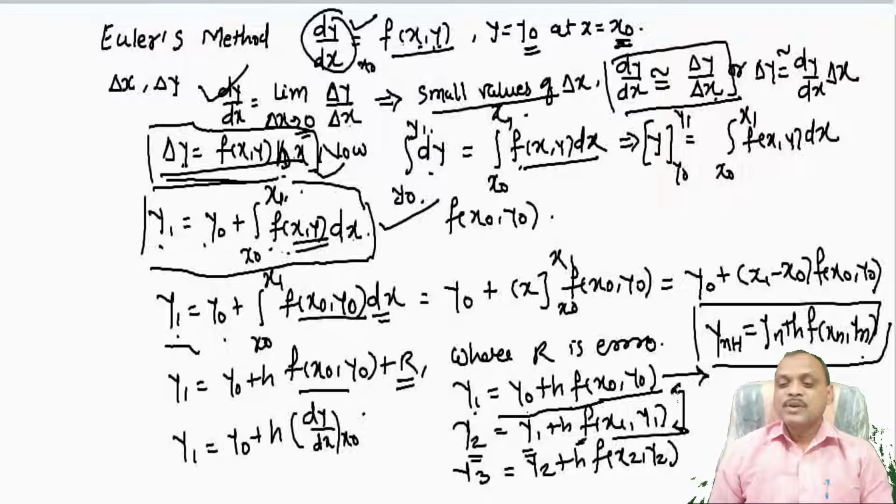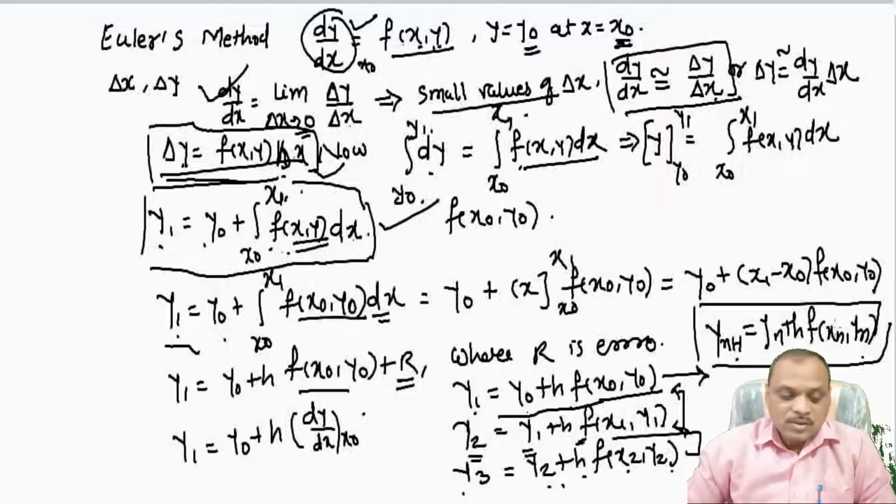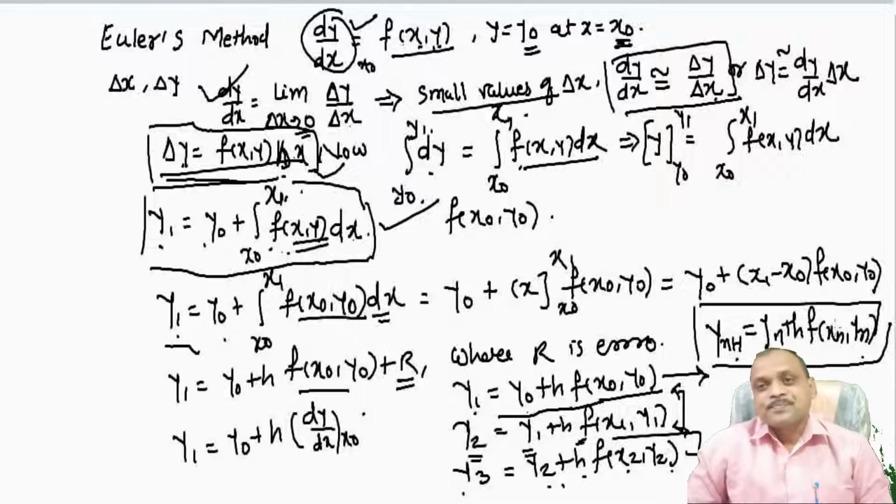Then y3 equal to y2 plus h into f of x2, y2, and similarly y n plus 1 equal to y n plus h into f of x n, y n. So this is Euler's method for solving the first order differential equation.